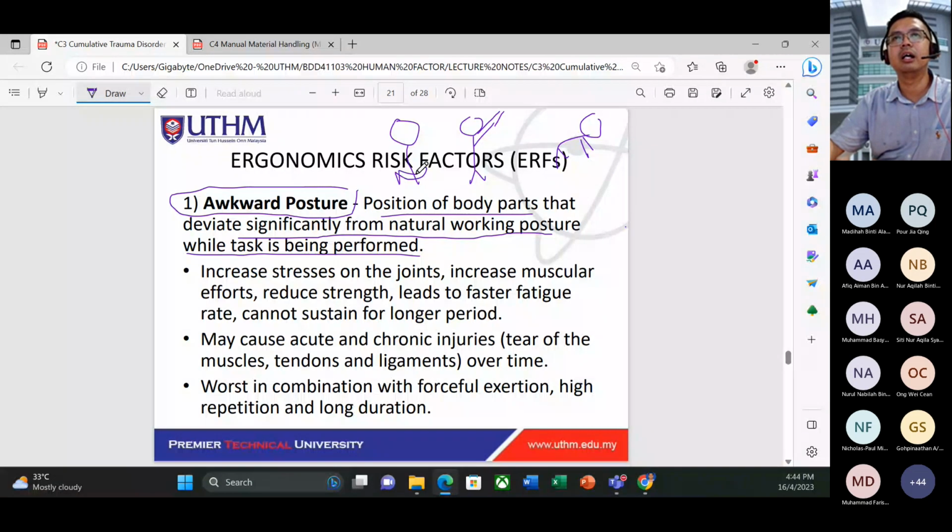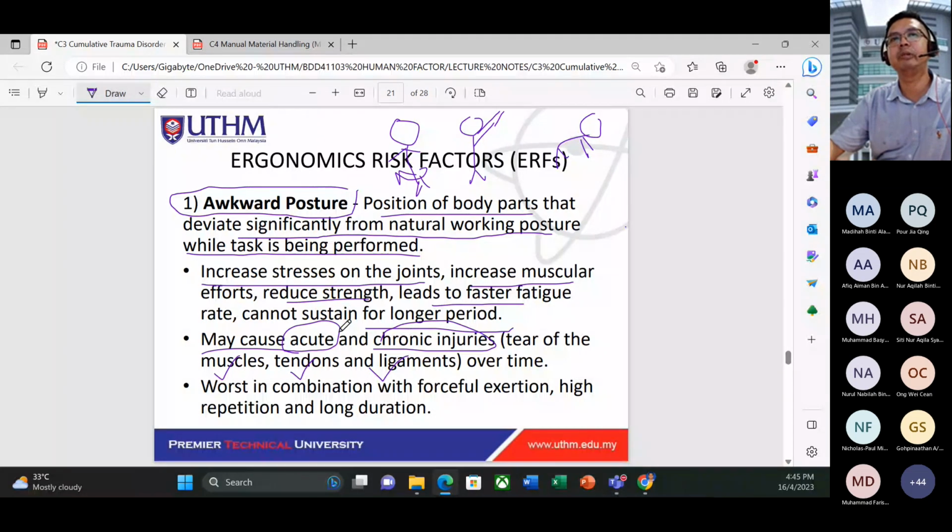This awkward posture increases stress on the joints, increases musculoskeletal effort, reduces strength, leads to a faster fatigue rate, and cannot be sustained for a longer period. So it may cause acute and also chronic injuries, tears of the muscle, tendon, and also ligament over time.